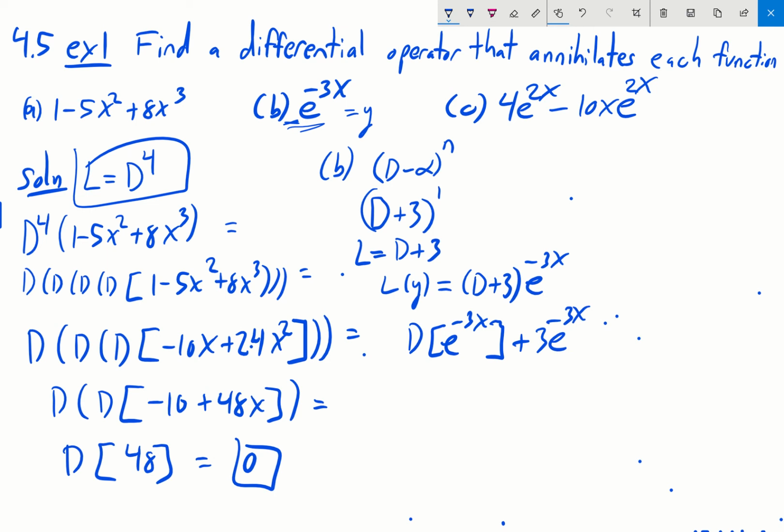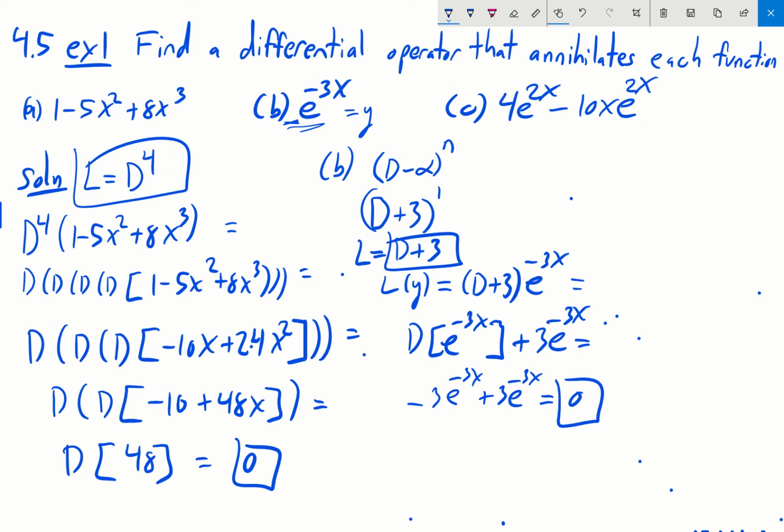The derivative of e^(-3x) is -3e^(-3x), plus 3e^(-3x). Sure enough, those two terms cancel, and so as we said a moment ago, the differential operator D + 3 would annihilate e^(-3x).